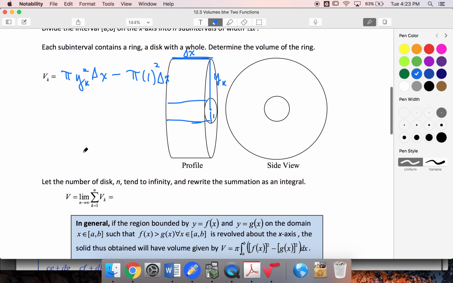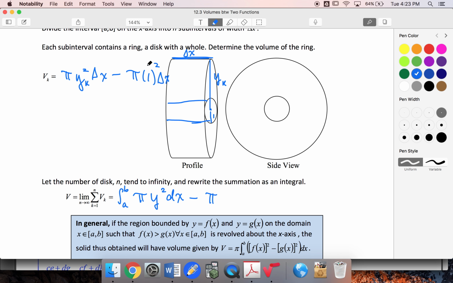Of course, just like we did last time, we're going to let our disks tend to infinity and rewrite it as an integral. So I'm going to have the integral from a to b of pi y squared dx. Remember, y is my function in terms of x, minus pi, and now I'm going to take out whatever the second function is.